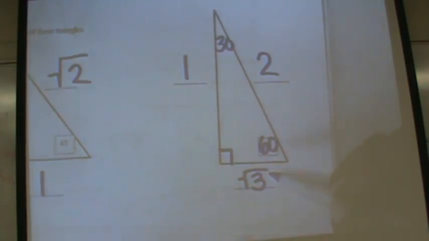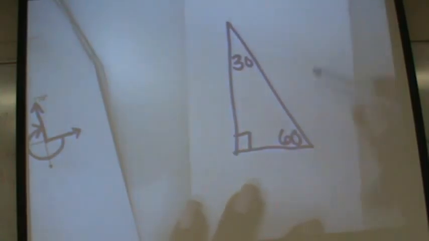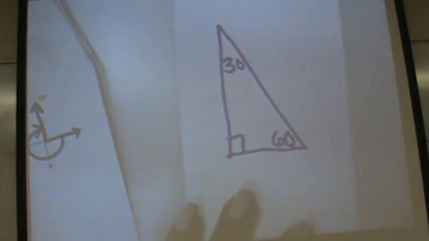Your longer side should look like this. This is your shorter leg, so I should have made that 30. This is your longer leg, this is a bigger angle, this is a bigger side. So I didn't draw it to scale.